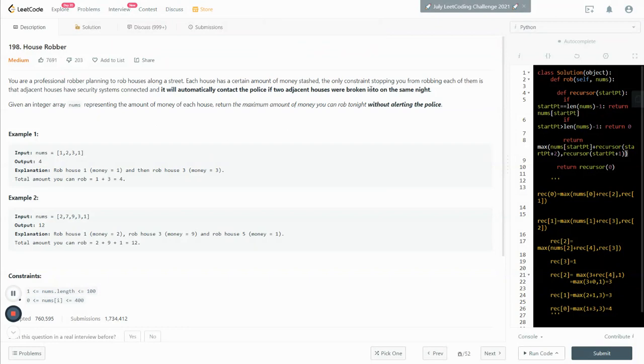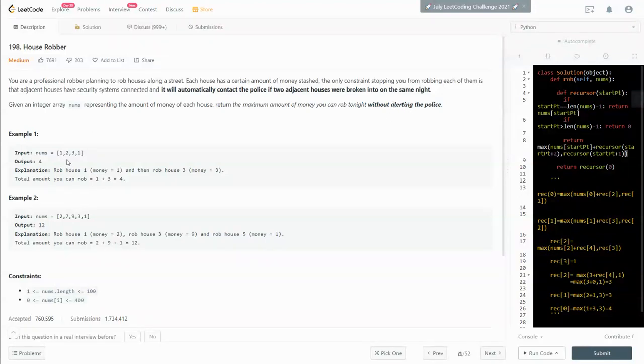The only constraint stopping you from robbing each of them is that adjacent houses have a security system connected, and it will automatically contact the police if two adjacent houses are broken into on the same night. We're given an array of nums representing the amount of money of each house, and we return the maximum amount of money we can rob tonight without alerting the police.